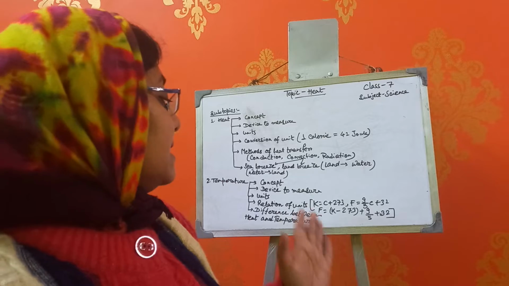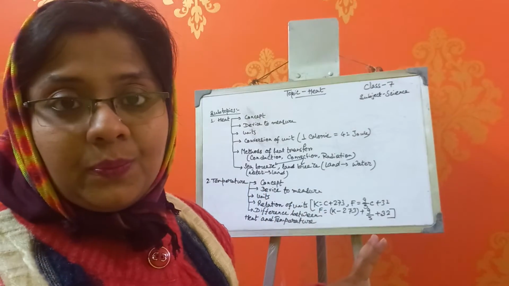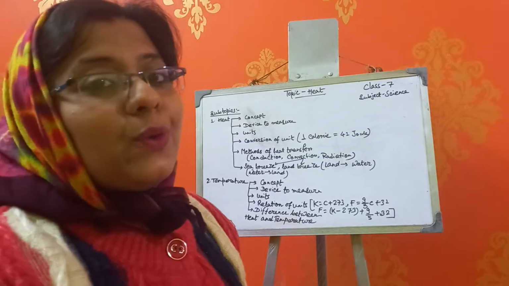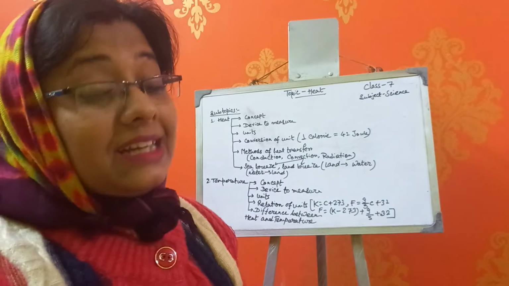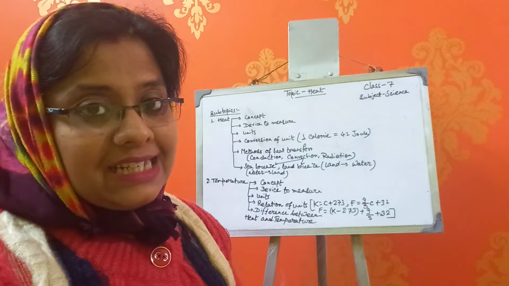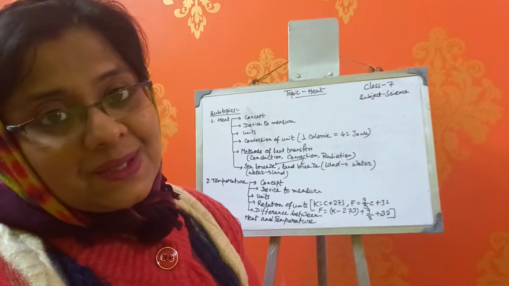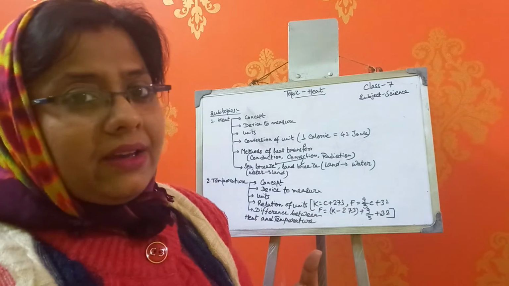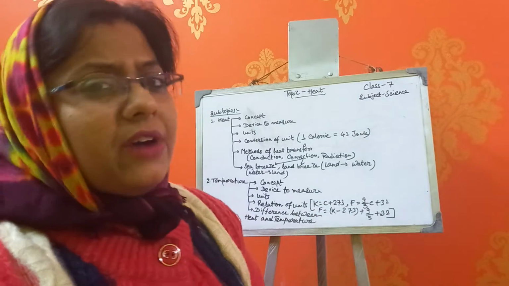Okay, next is units. The unit means unit of temperature, that is Kelvin, Fahrenheit and degree Celsius. So the three kinds of unit I have said: degree Celsius, Kelvin, Fahrenheit.